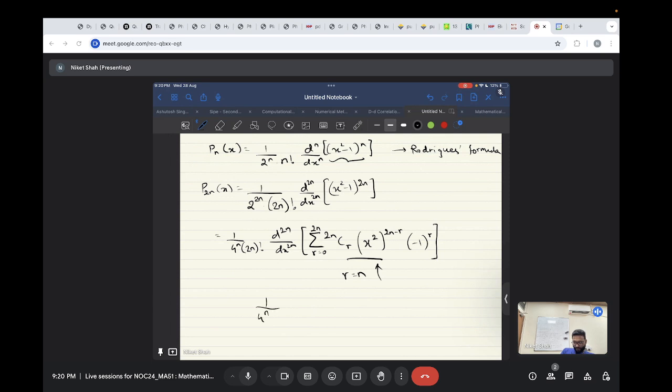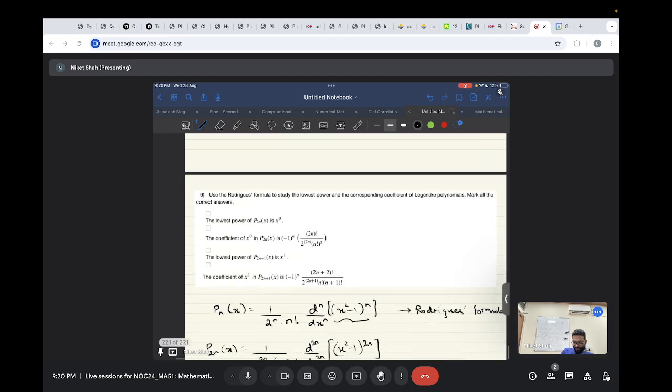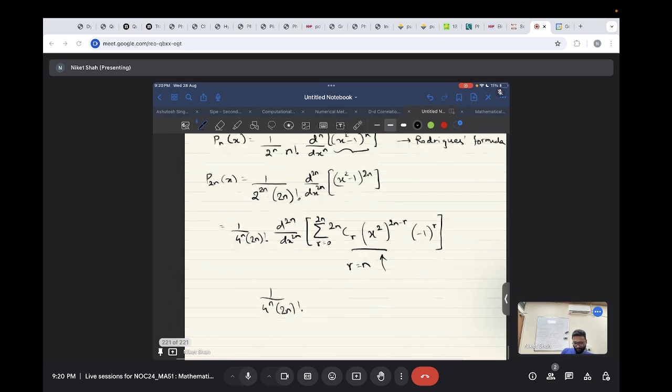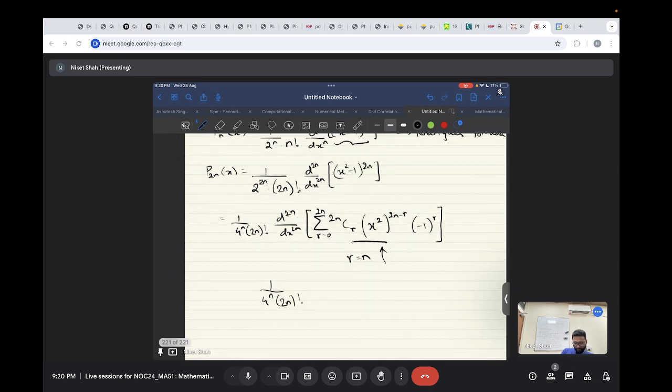1 by 4 raised to power n into 2n factorial. And what we are doing is putting r equal to n, so minus 1 raised to n, I'm taking this minus 1 outside, times 2n c n. There is also the derivative though, so we have to see what the derivative gives. The term is r equal to n, so this is x raised to power 2n, and I keep on differentiating it 2n number of times.